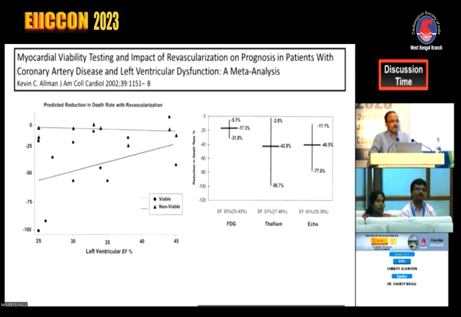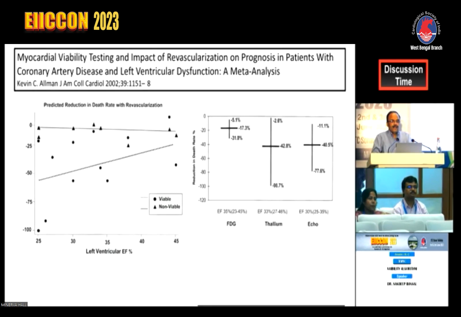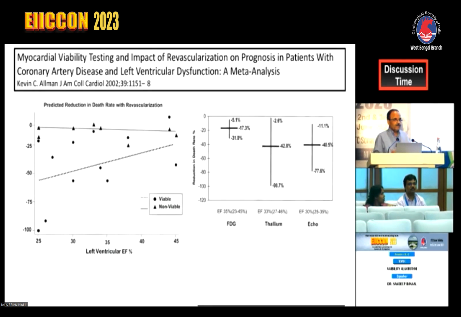Now, further, it has been seen that if you consider viable segments, then the predicted death rates actually improve a lot. And on the right side are given the scatter bars, which show that between the different modalities, what is the scatter?